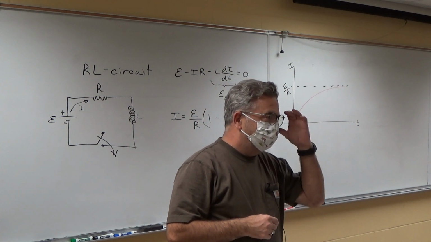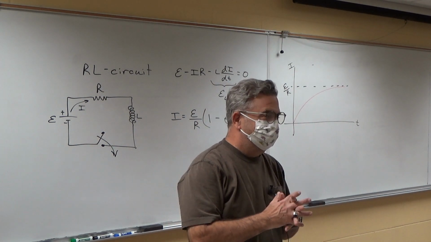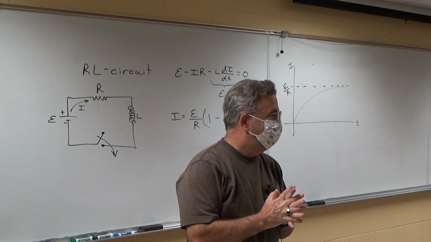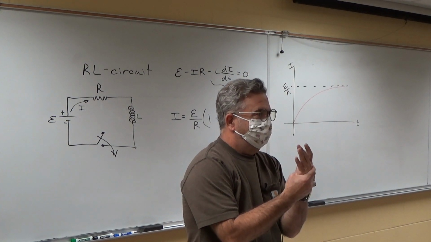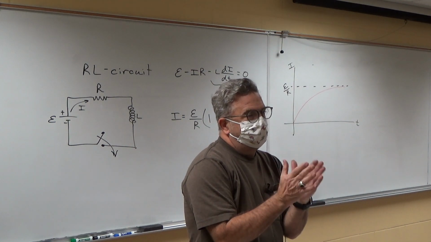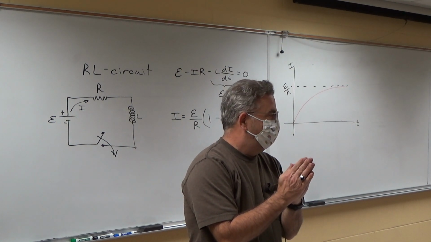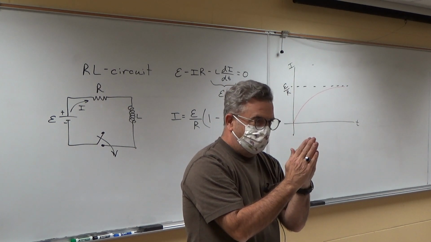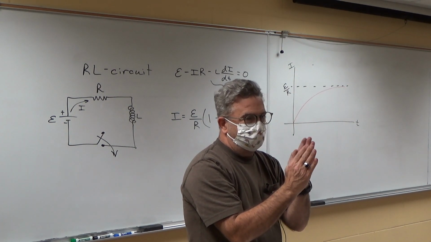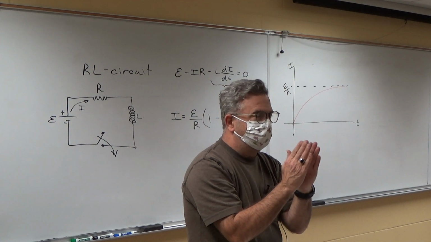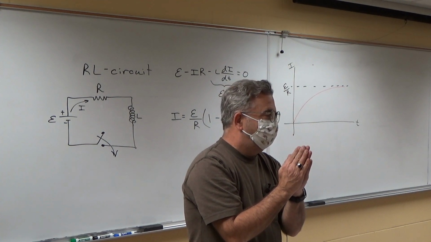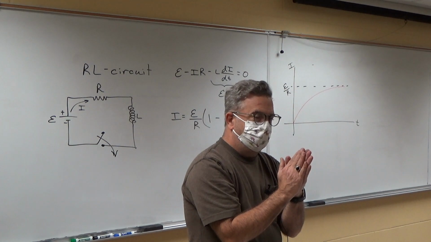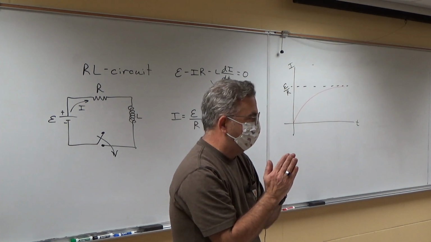What happens when I open the switch? Anybody happen to know? Well, the nice thing about the capacitor is when you take it out of the circuit, the way it's constructed and the way nature makes it, you have this nice steady electric field in between the plates, if we're thinking about a simple capacitor.